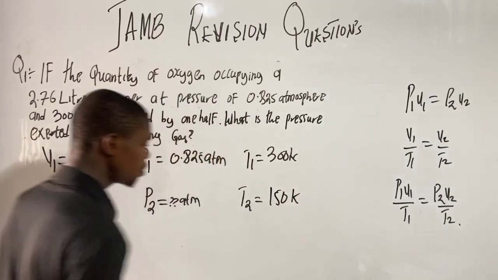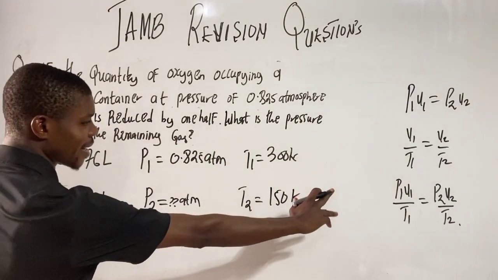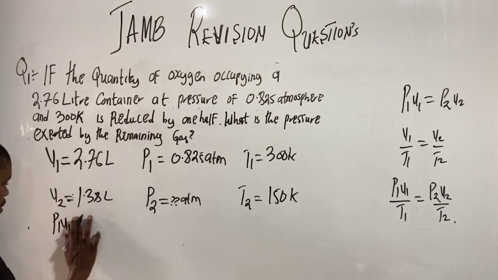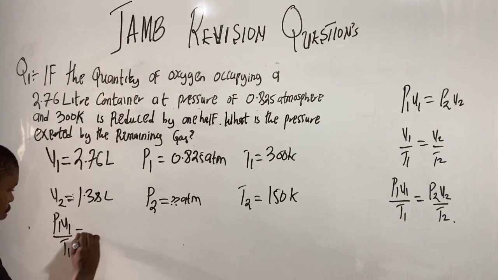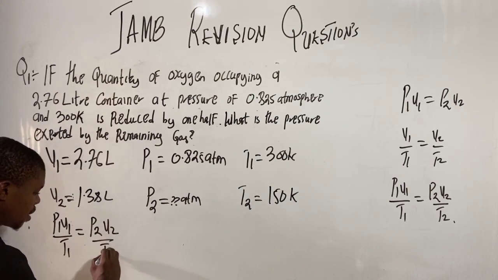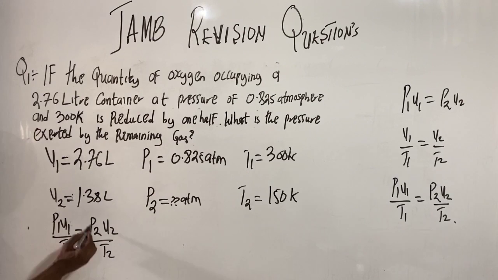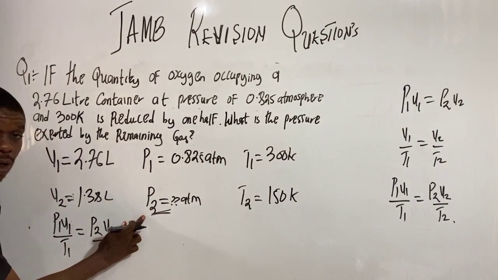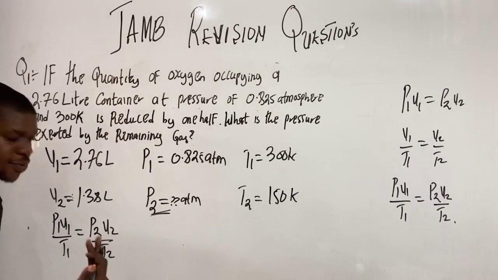The temperature stays at 300 Kelvin. So I'm going to use the general gas equation, which is P1 V1 over T1 equals P2 V2 over T2. What I have to do here is make P2 the subject of the formula, the final pressure.